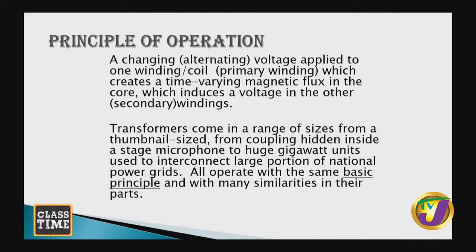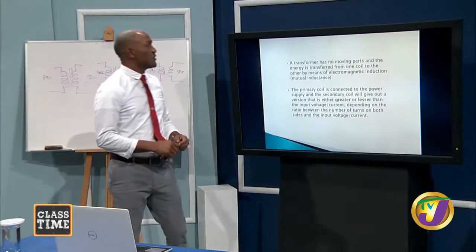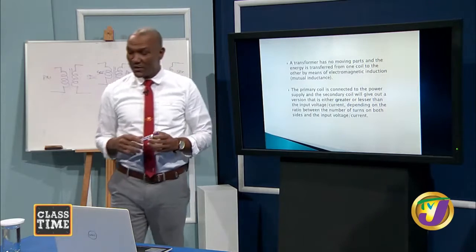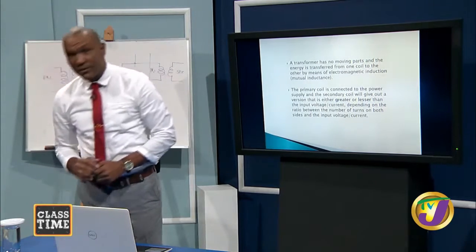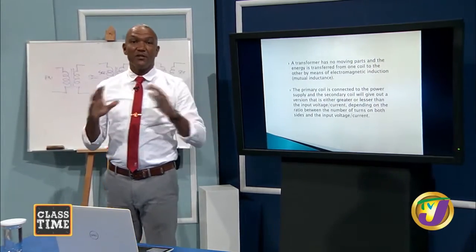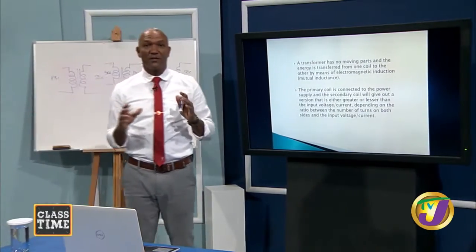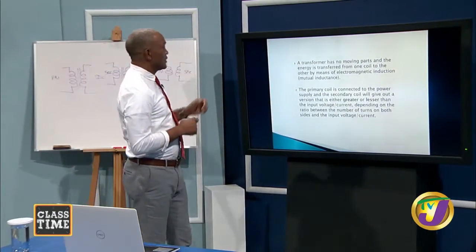They have the same principles. The principle is called mutual inductance. All right, we'll get back to that. A transformer has no moving parts. That means you just put it down like anything on your table, and it doesn't have to move at all, and it operates.